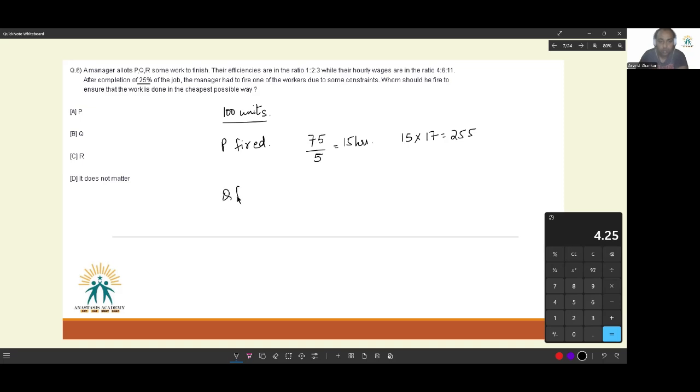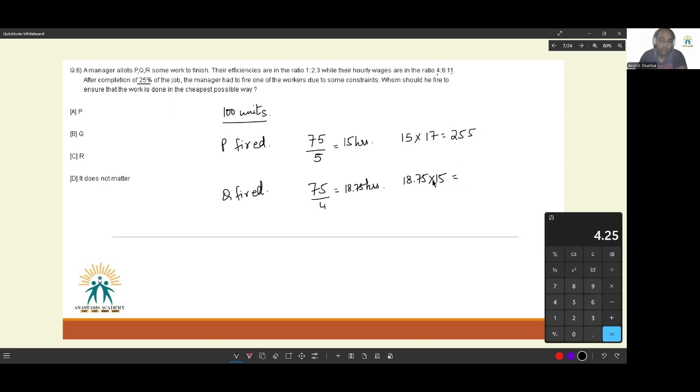Okay. Let's check what would happen if Q is fired. You would still have 75 units of work left. But this time, work will now be done at the rate of 1 plus 3, 4, which is 18.75 hours. And for 18.75 hours, I have to pay 15 rupees, 4 plus 11.